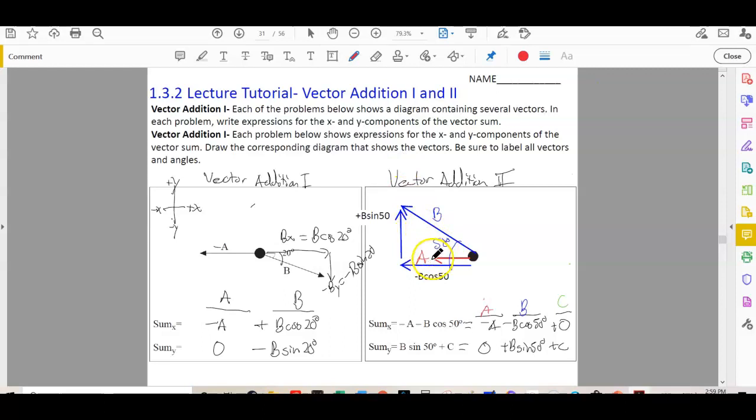The c vector, it looks like, has no component in the x direction, and it has a positive component in the y direction. So the c vector is going to be pointed straight up.